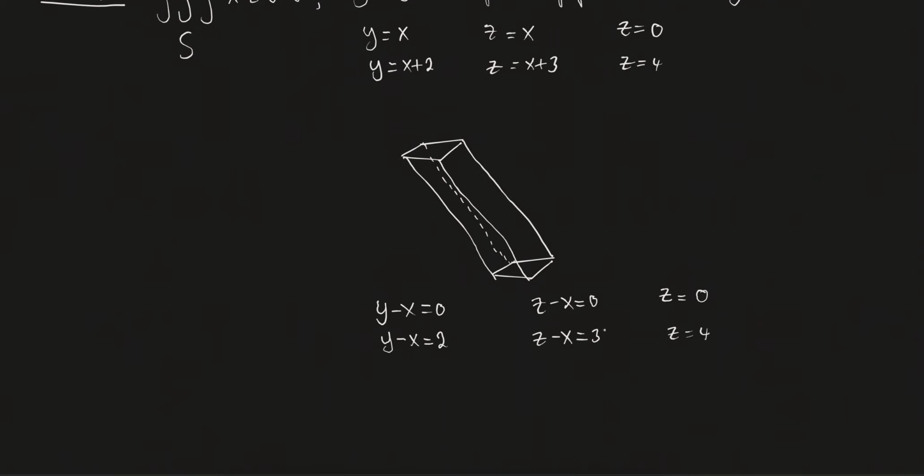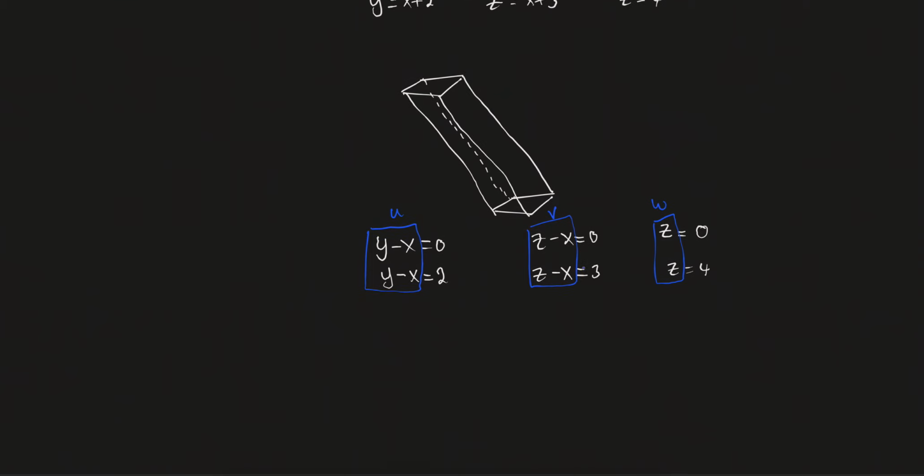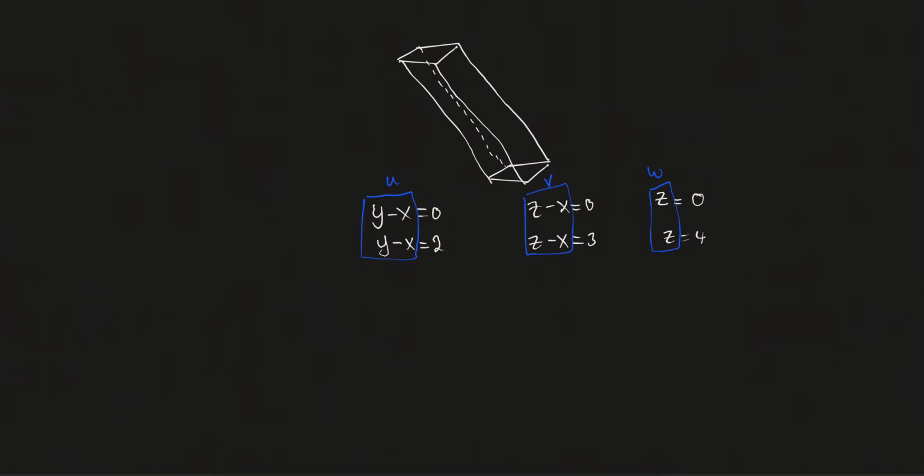So here's what I'm going to do. I am going to choose this expression as my u, and this expression as my v, and then I'm just going to make a straight swap and say that z is equal to w. So let's write this down.